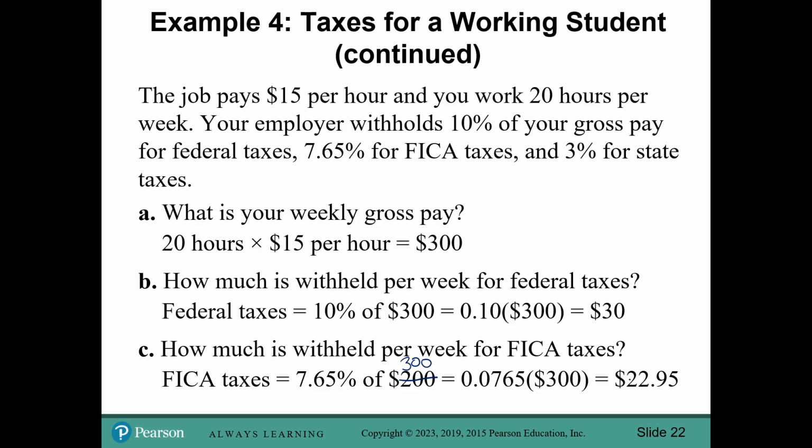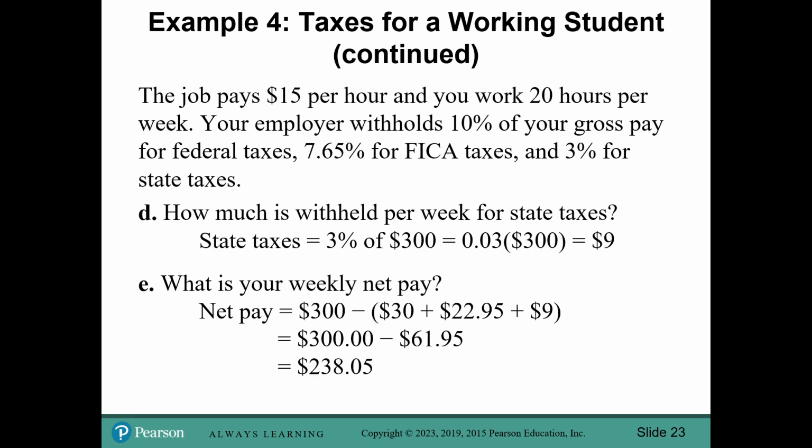Like I said, hopefully you caught the typo just as soon as I did, or maybe even before. So for FICA taxes, all we're doing is multiplying that 7.65% times that $300 we're making. They're withholding $22.95.